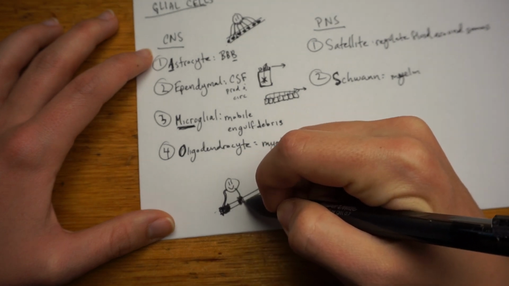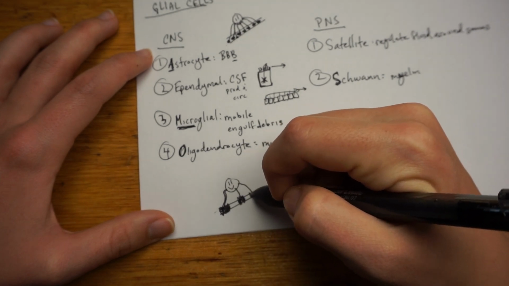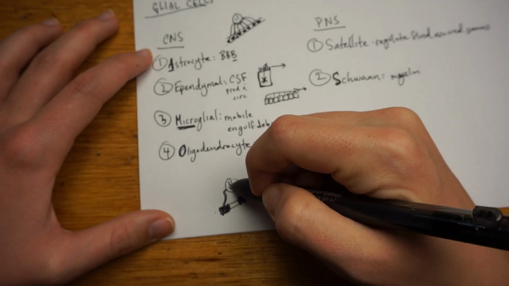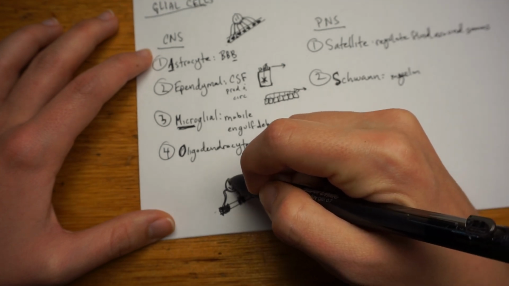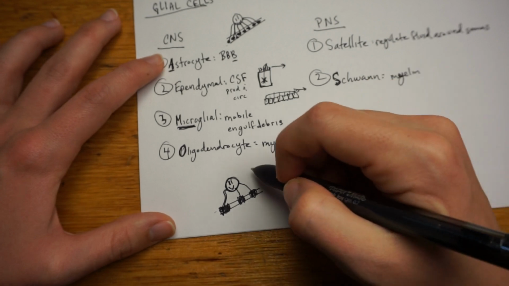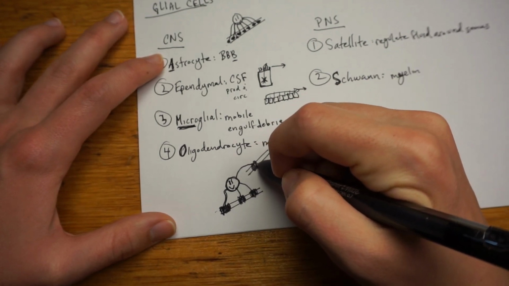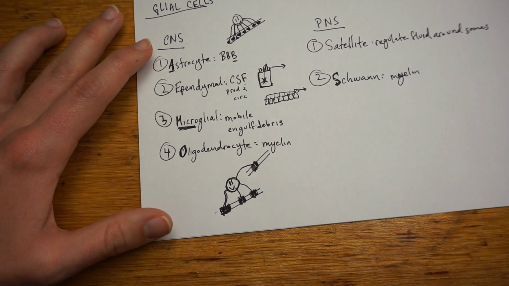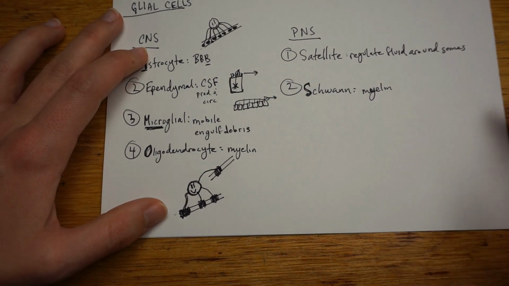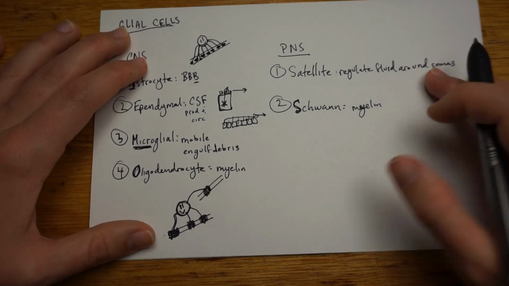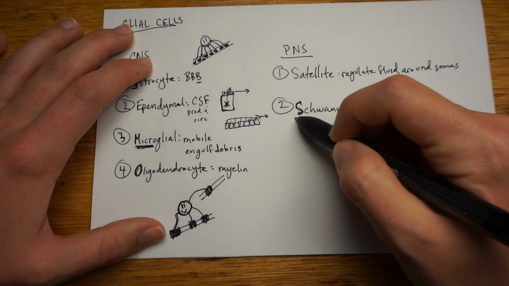And it can do this multiple times. This smiley face is one cell. This is one oligodendrocyte. And if there were another axon over here, it could also reach over and myelinate that. So it's able to myelinate many things, like an octopus has many legs, versus a Schwann cell is selfish.